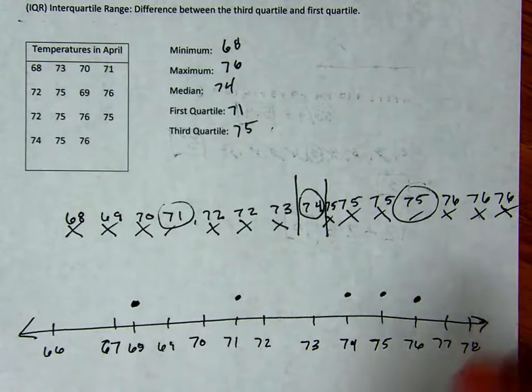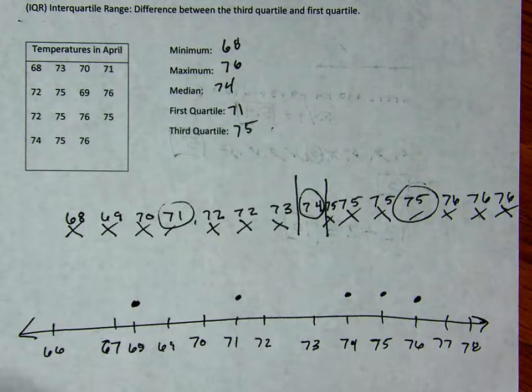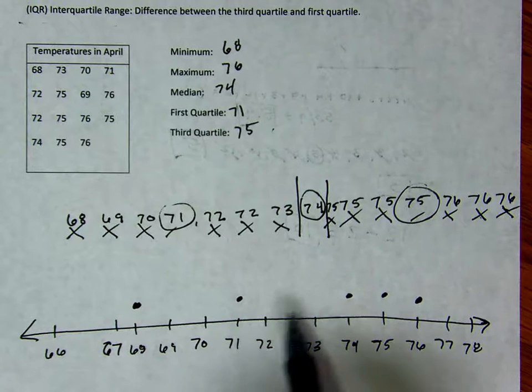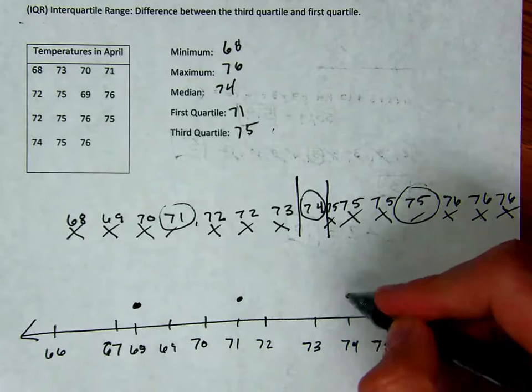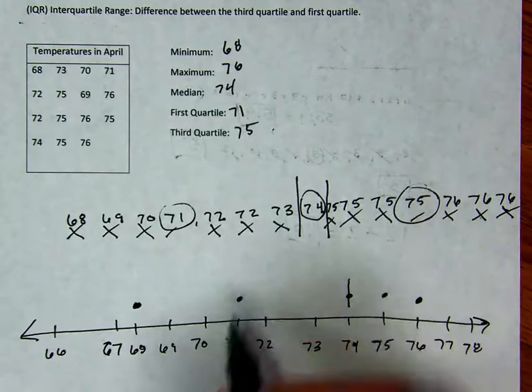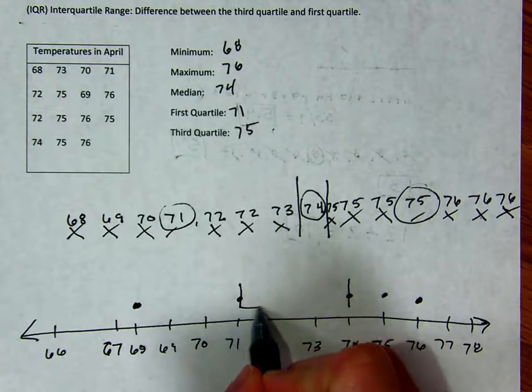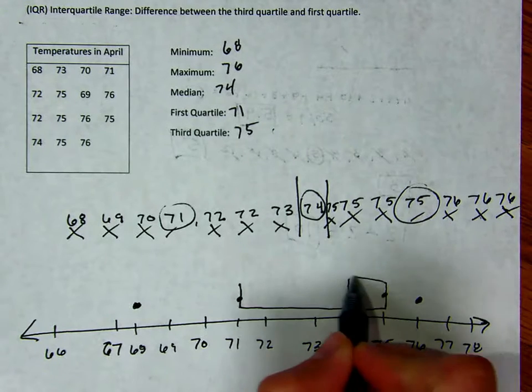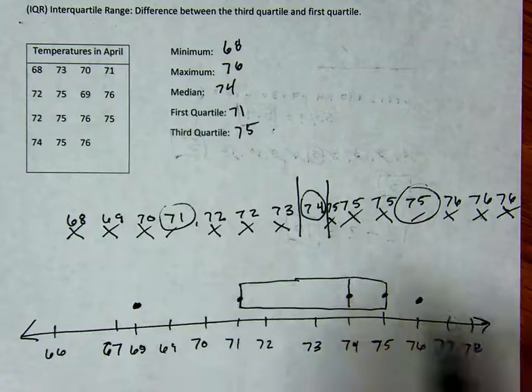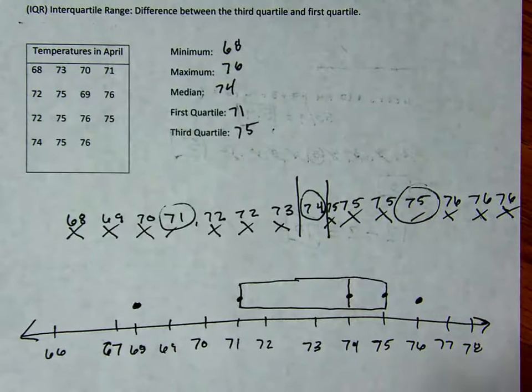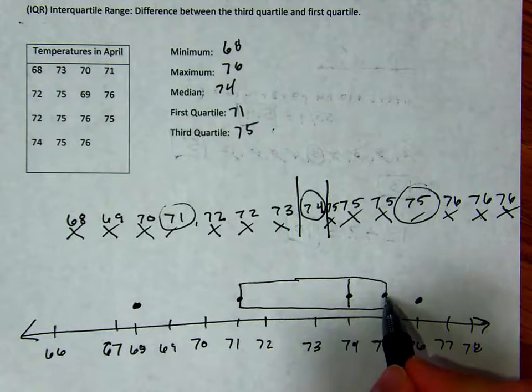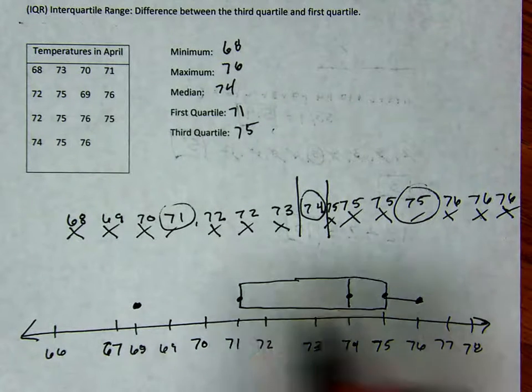The reason it's called box and whiskers, or box plot, is I'm going to make a box around the middle 3 points. The median gets a line, and I'm going to make a box. That's my box. Now my whiskers, from 75 to the maximum and from 71 to the minimum.